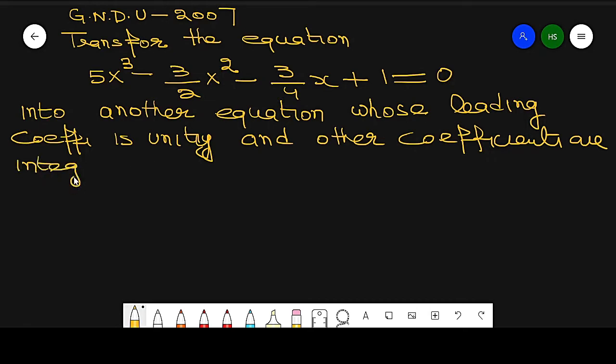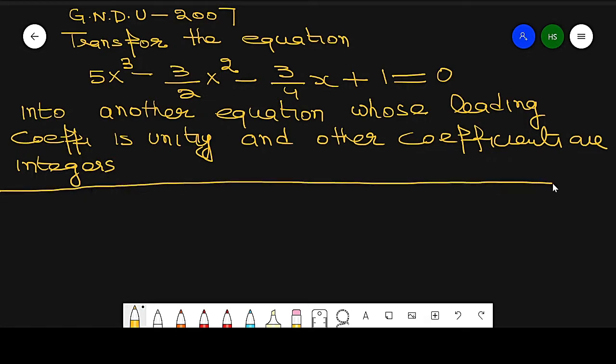Same type, integers. So let us discuss another question.